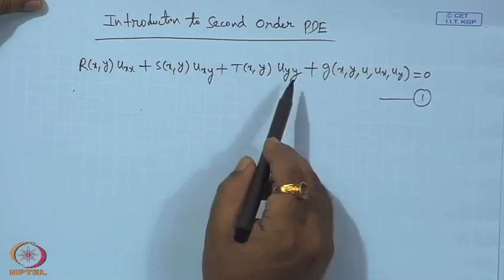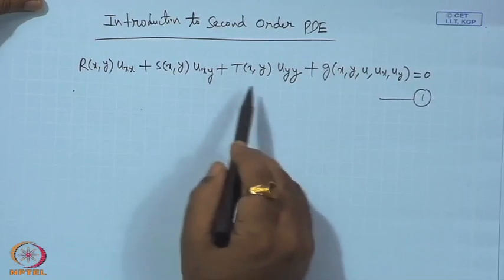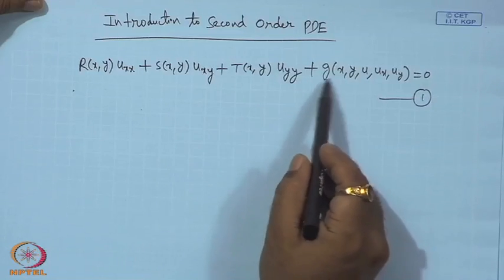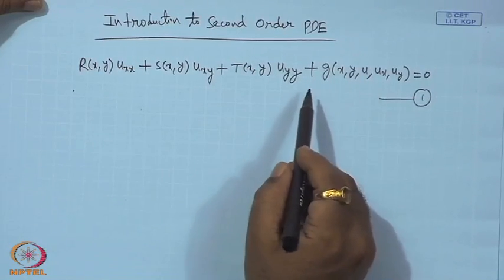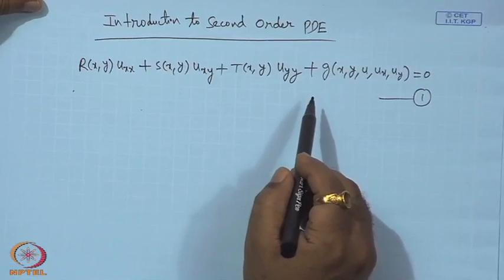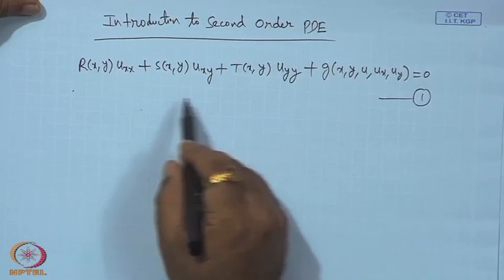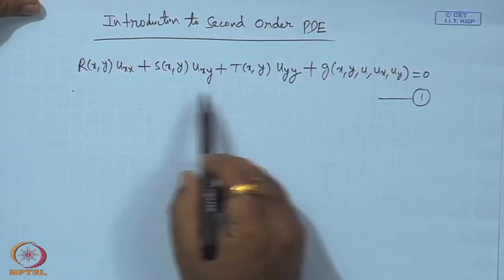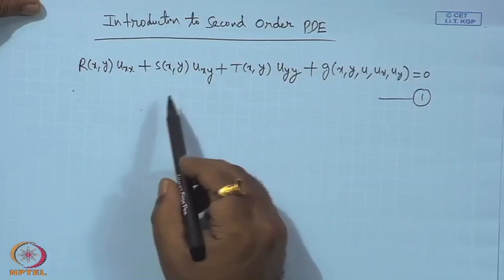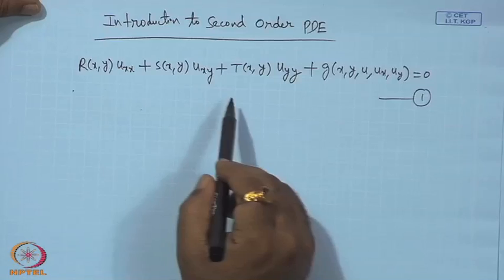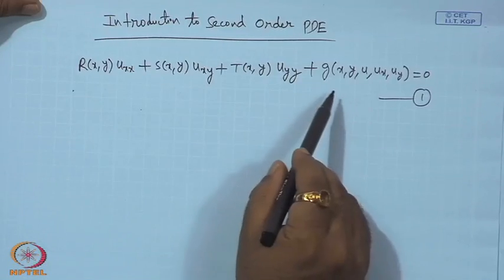R, S, T are continuous functions of x and y, and g is in this form. So definitely this can be considered as semi-linear. What do you mean by solution of this? Solution of this means any u which is u of x, y must satisfy 1.